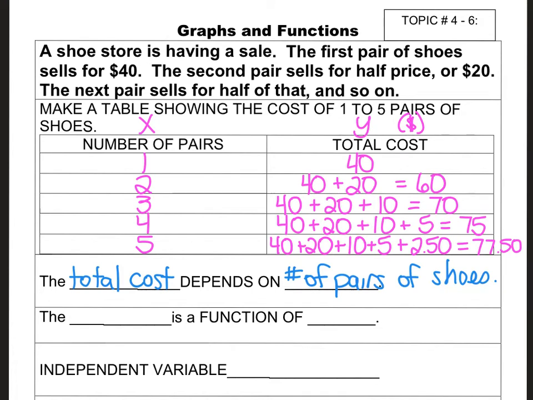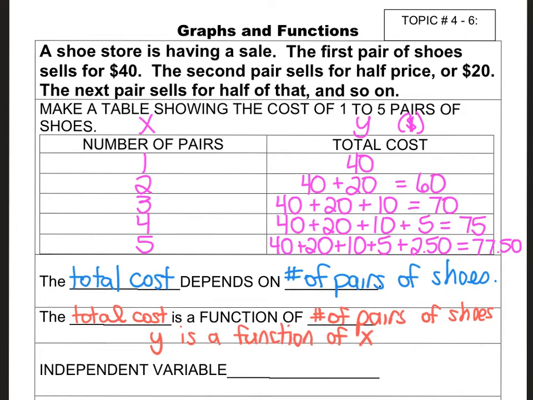So another way that we would write this is Y is a function of X. So again, we would say the total cost is a function of the number of pairs of shoes. So below I'll write Y is a function of X, or Y depends on X.